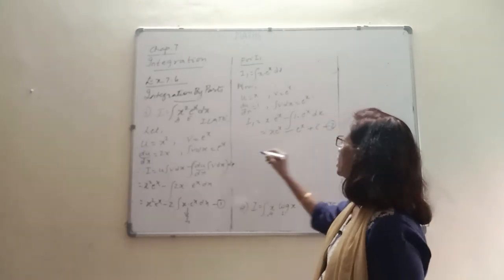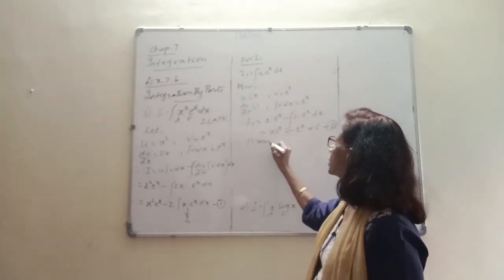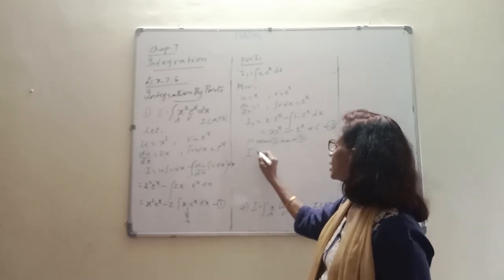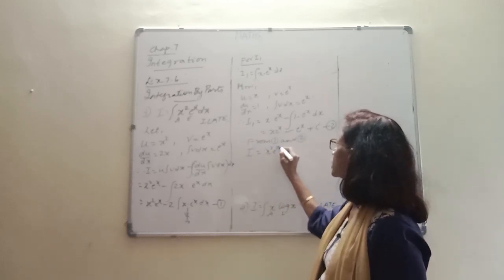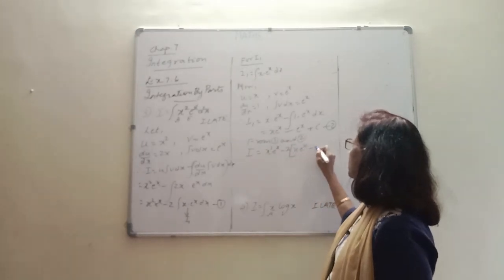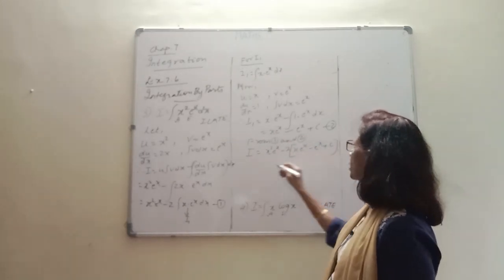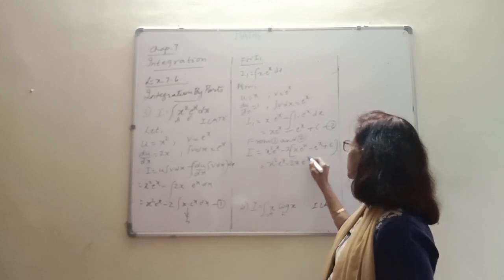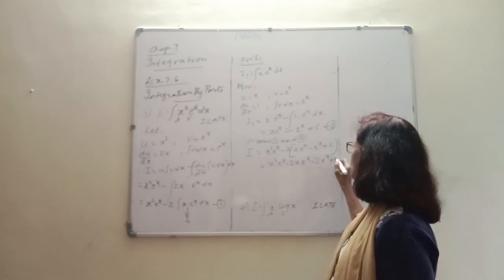Let's call it 2, and let's bring 1 and 2 together to get the integral I. From 1 and 2, I, let us take, the first part is x squared e raised to x, then there is minus 2, and there is I1 which we have ready: x e raised to x minus e raised to x plus c. That's all, we are done. So it's x squared e raised to x minus 2x e raised to x plus 2 e raised to x plus 2c.